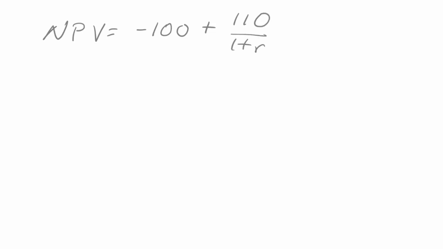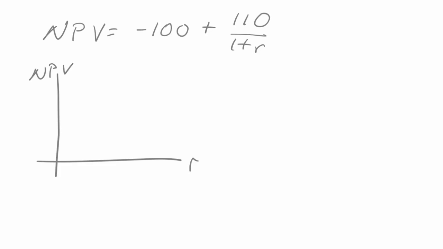So let's consider what the net present value looks like as a function of R. So this is R on the x-axis and NPV on the y-axis. And these graphs are actually kind of helpful in understanding the relation between NPV and IRR.